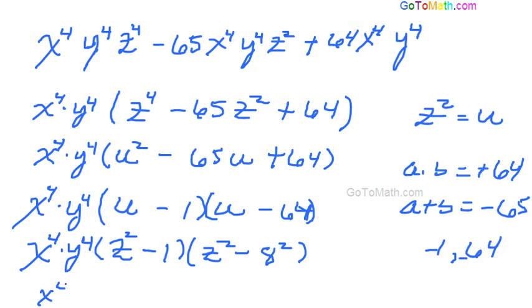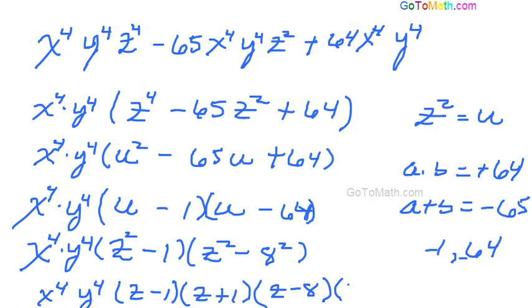But what we got going on here is we got a difference of squares. So we have x to the fourth, y to the fourth. We're going to have z minus 1, z plus 1, z minus 8, and then z plus 8. Okay? That's what we got going on there.